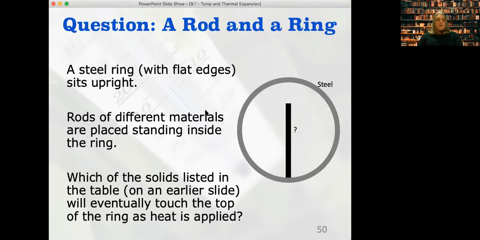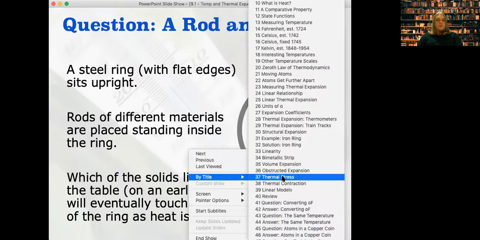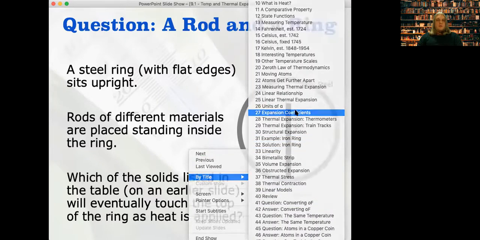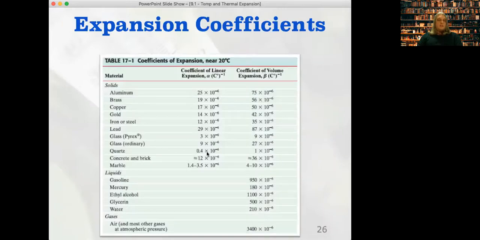So we'll go back and we'll find that slide of all the materials, and we'll just talk about that for a moment. Where are we? Expansion coefficients. Here we go. Here's a bunch of solids with different expansion coefficients. We've been told that we have steel for our ring with an expansion coefficient of 12 times 10 to the negative 6 per Kelvin.